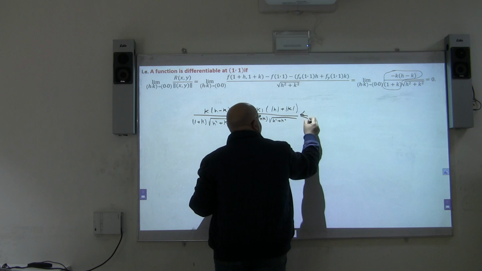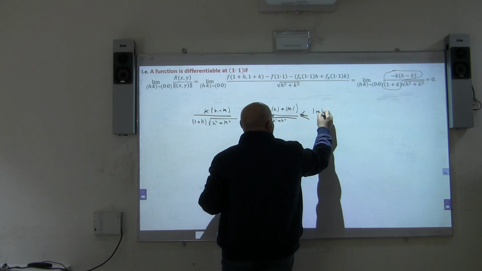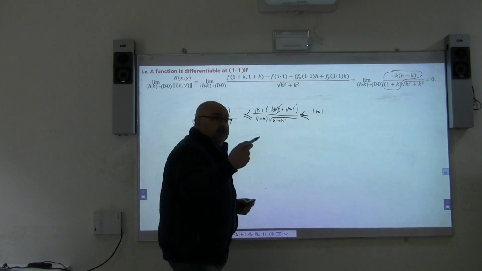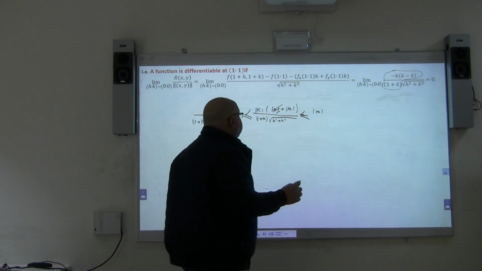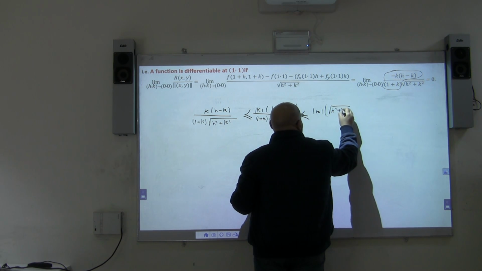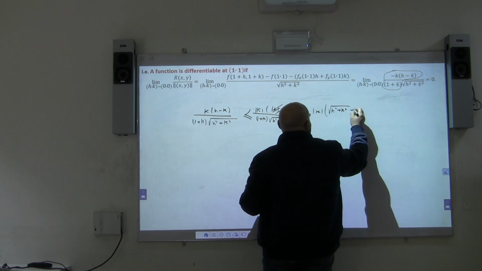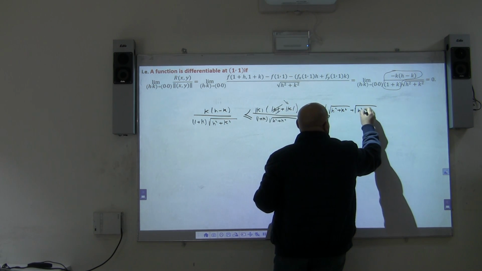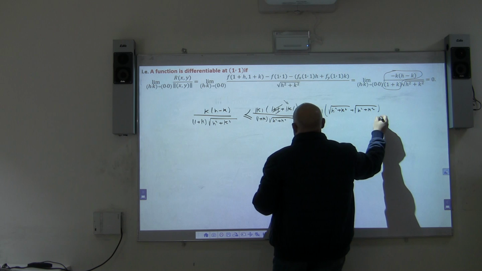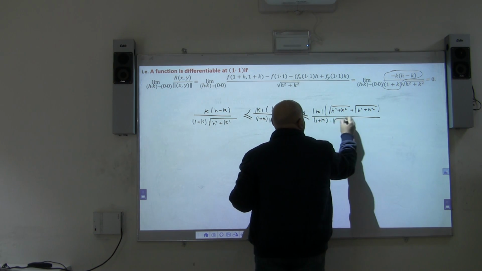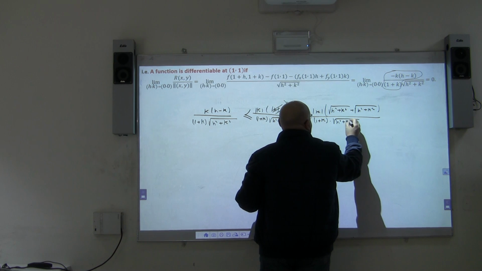Once more, it is less than or equal to the absolute of K. I can replace H according to the relations that I've told you about, which can be replaced by the root of H squared plus K squared, and the same way I will replace K by the root of H squared plus K squared, and all of this is divided by 1 plus K times the root of H squared plus K squared.